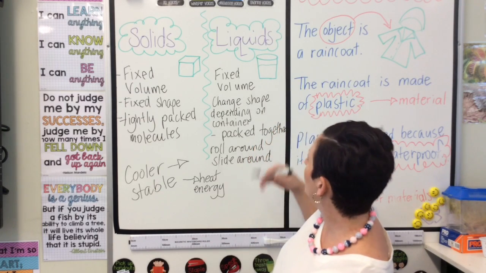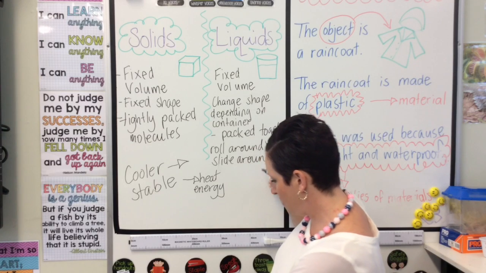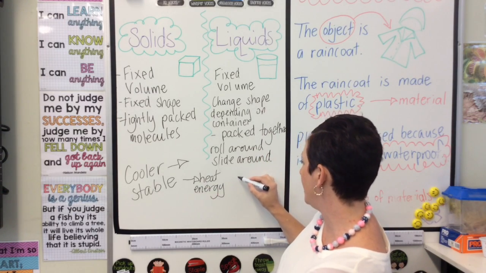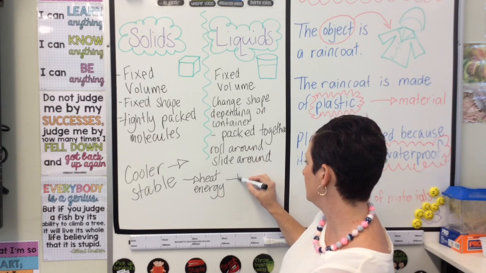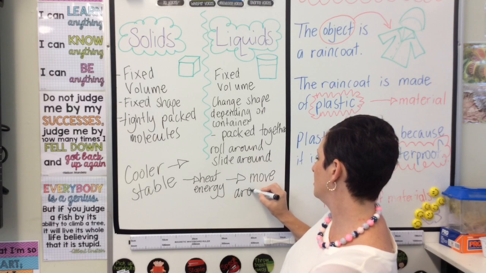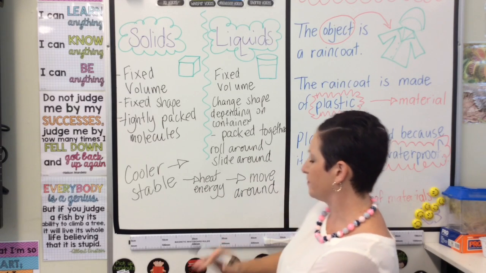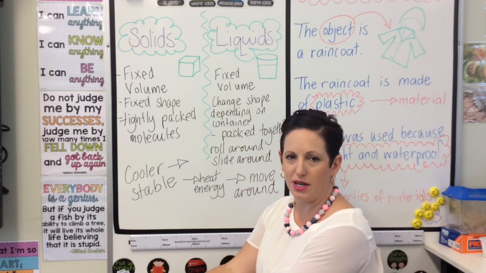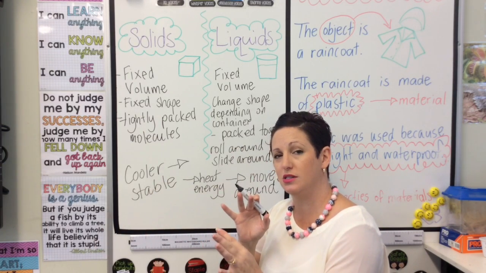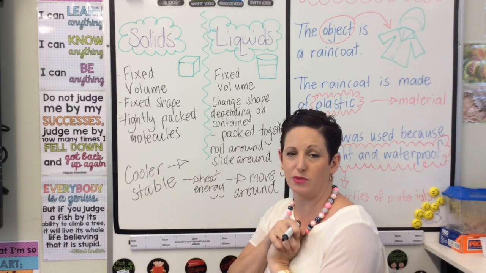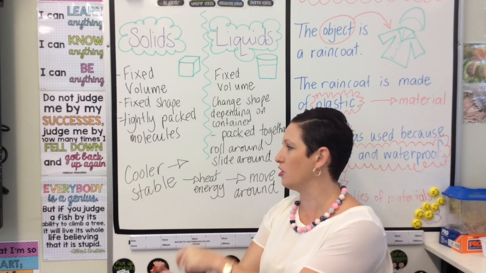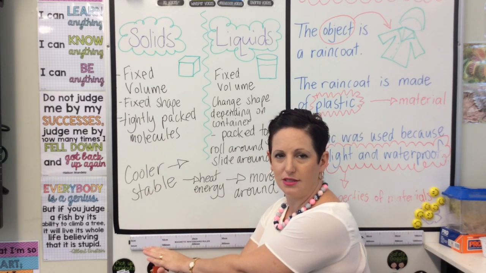And that's what causes the melting. So when we add a bit of heat energy, the molecules start to move around. Okay, that's pretty much how we can change from a solid to a liquid, or from a liquid to a solid. We remove the heat so those molecules calm down and go back to their stable state.